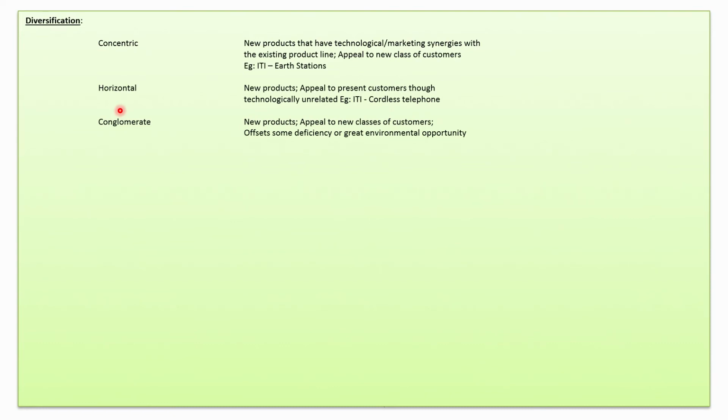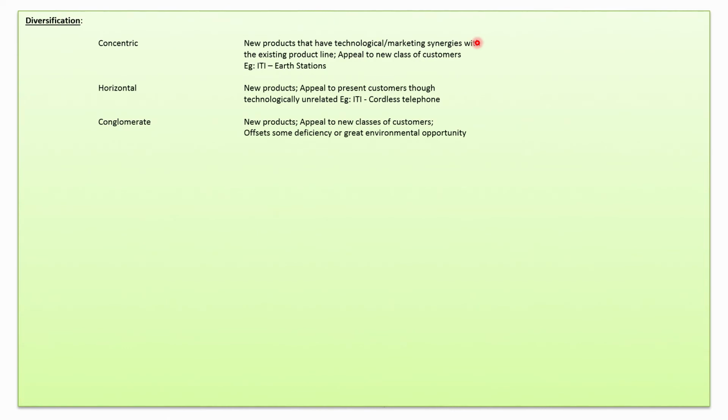What is concentric diversification? When you are introducing new products that have technological or marketing synergies with the existing product line, they appeal to new class of customers. The example that is taken here is ITI.